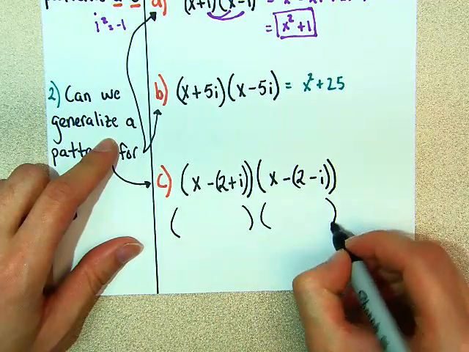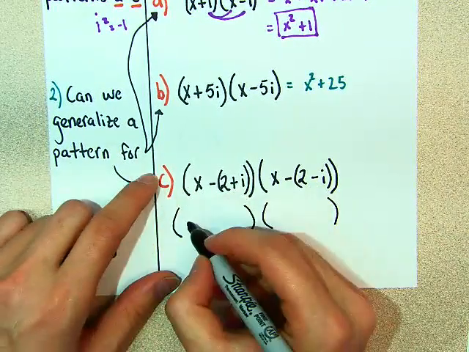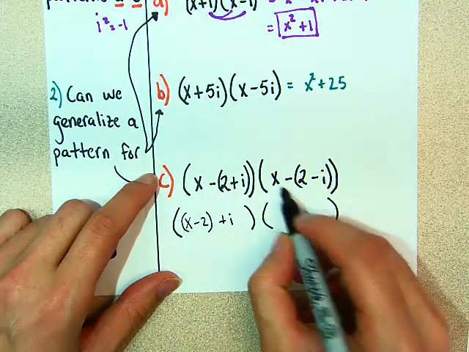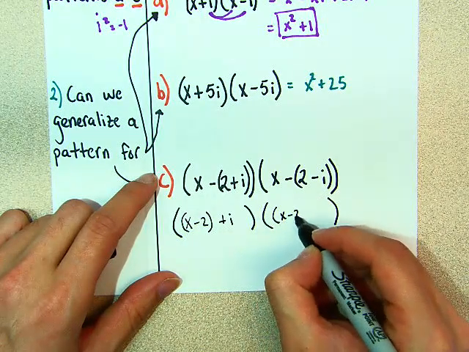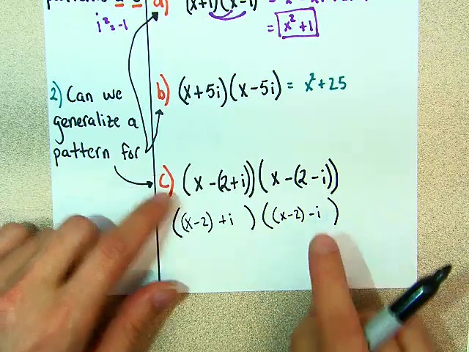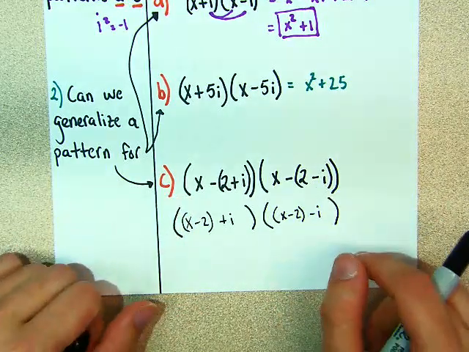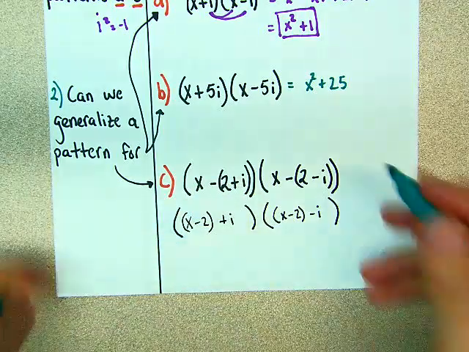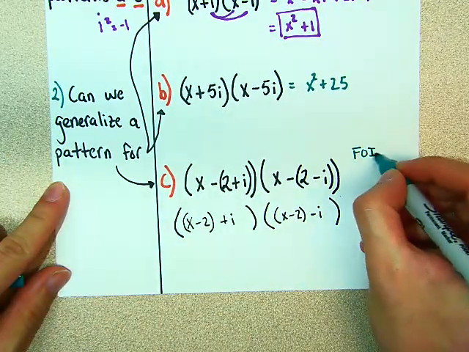All right. This is the same as x minus 2 plus i, and this is x minus 2 minus i. These 2 are exactly the same. And what you could think about doing is FOIL it now like this.